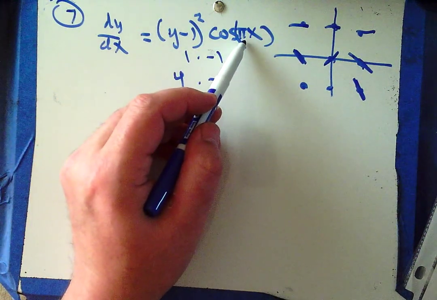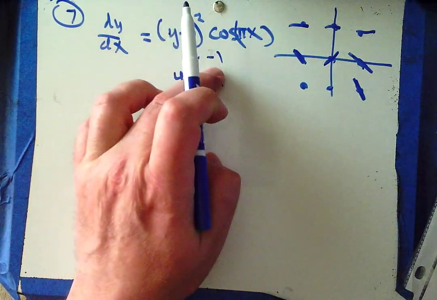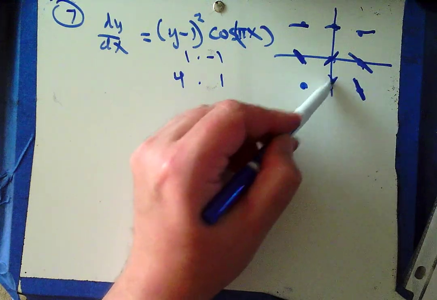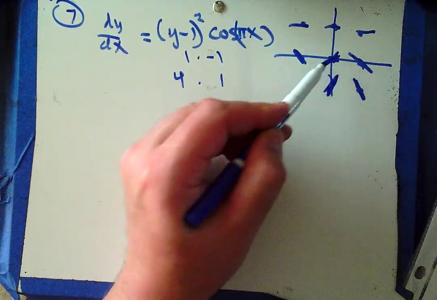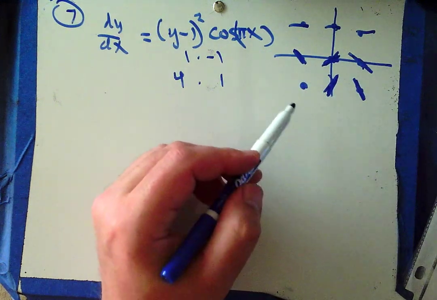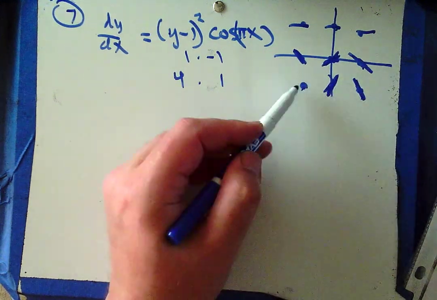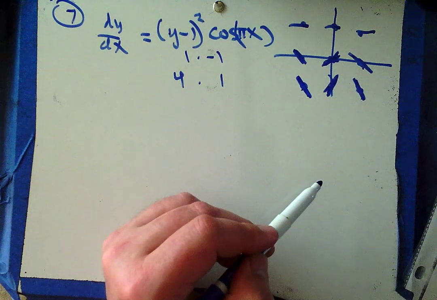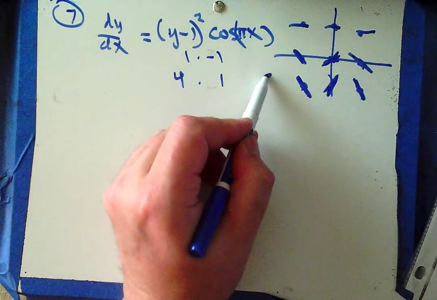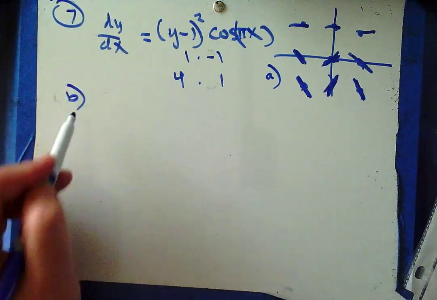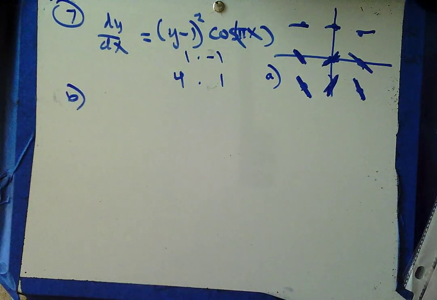Plugging in a 0 here gives me cosine of 0 is +1. So I have a +4 slope, not to be confused with the +1 slope. And then this one will be the same as that one because of the periodicity of cosine. So there's part A.